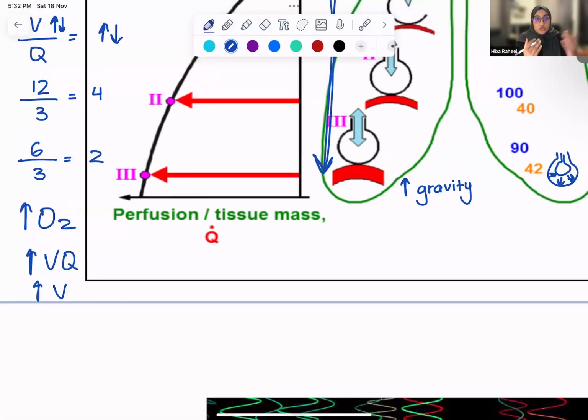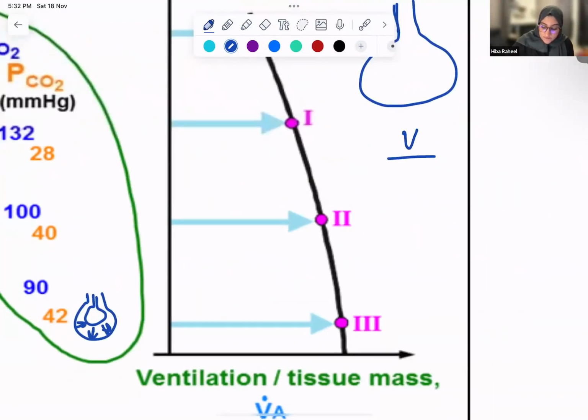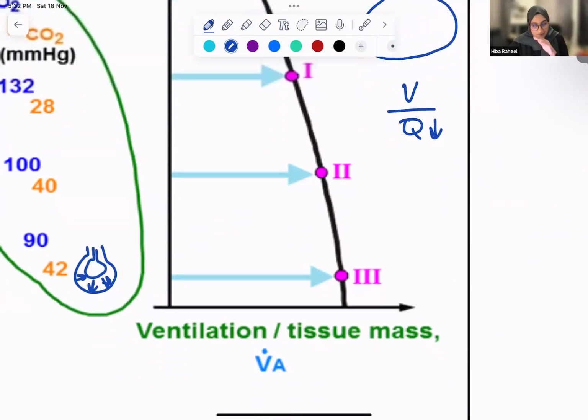Now the opposite. Low VQ ratio means low PO2 and high PCO2. Let's take the example where we keep V the same and we decrease Q. That means we decrease perfusion. Ventilation, we'll keep as 12.